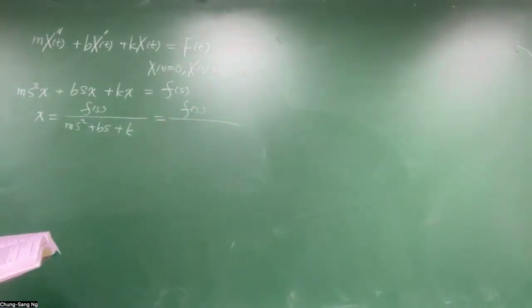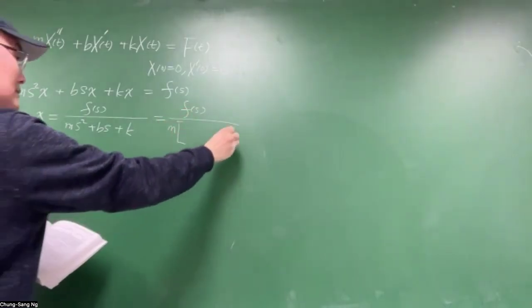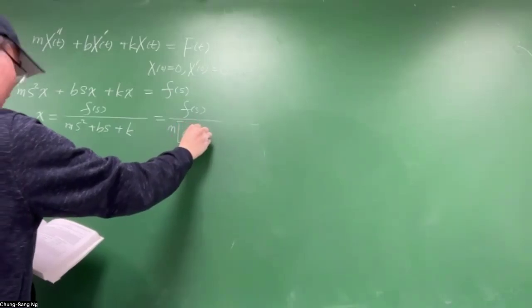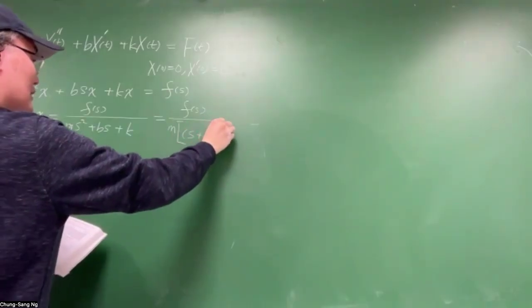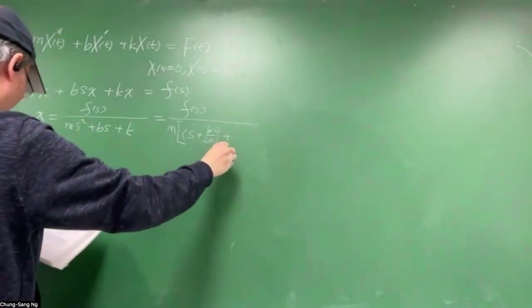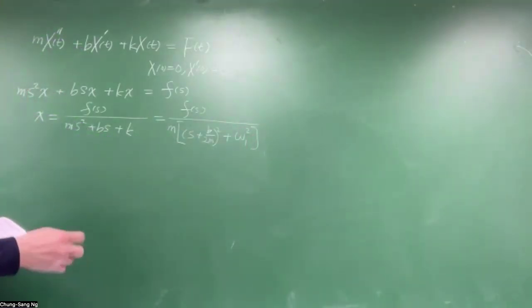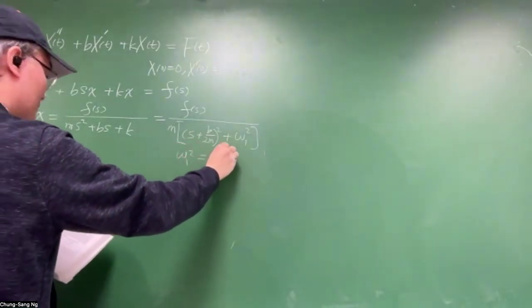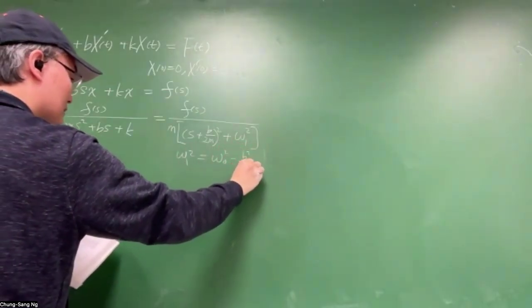I think instead of doing it again, I just copy from the textbook. We did the complete square before, so it's basically the same. b over 2m squared, and then plus omega 1 squared. And this omega 1 squared is defined as omega 0 squared minus b squared over 4m squared.